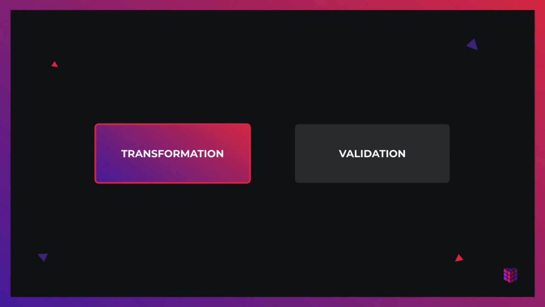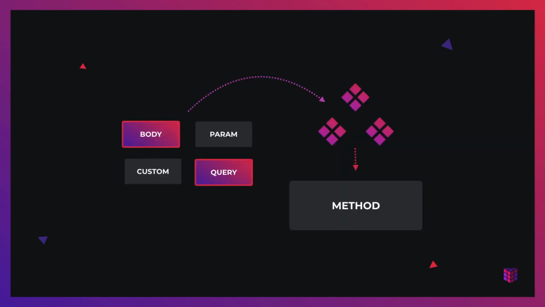In both cases, pipes operate on the arguments being processed by a controller's route handler. Nest.js triggers a pipe just before a method is invoked. Pipes also receive the arguments meant to be passed on to the method. Any transformation or validation operation takes place at this time. Afterwards, the route handler is invoked with any potentially transformed arguments.